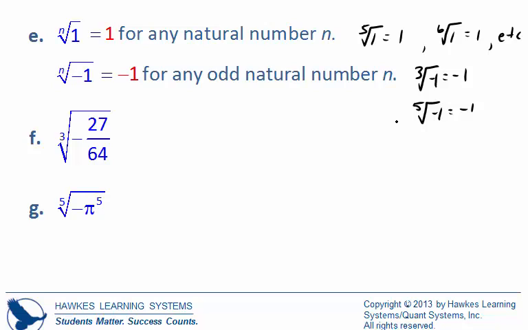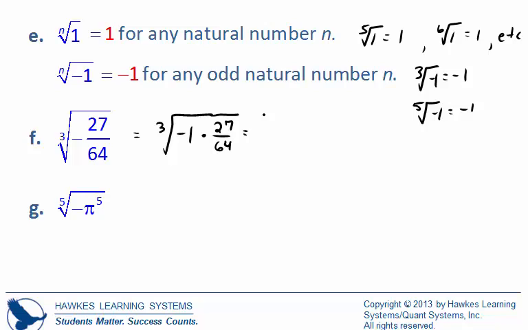Okay, so let's look at part F. Part F says we want the cubed root of negative 27 over 64. So let's look at this as being the cubed root of negative 1 times 27 over 64.